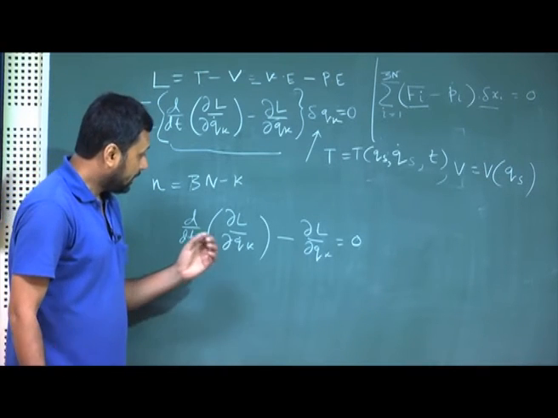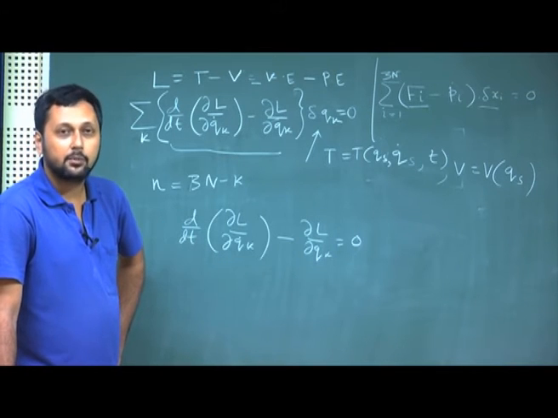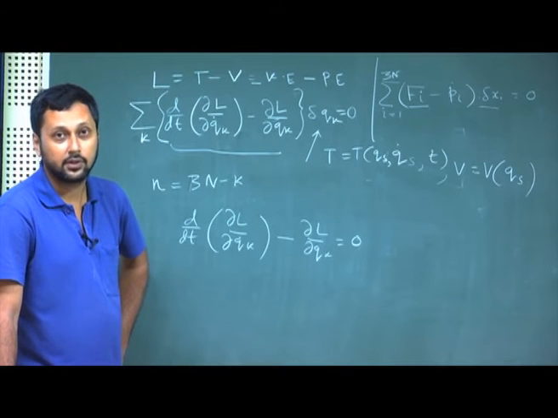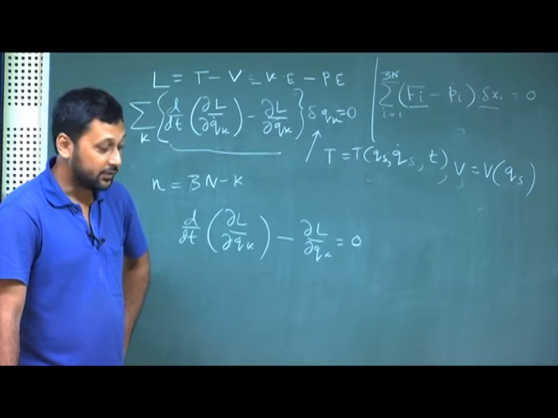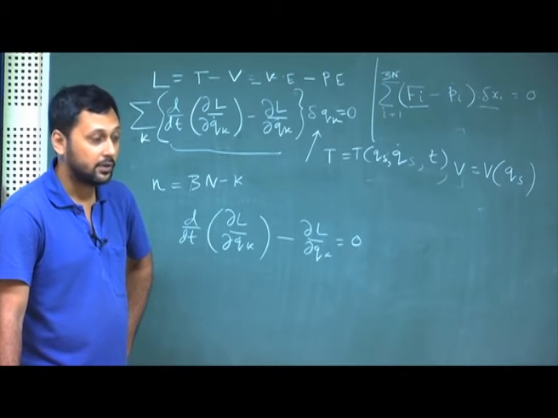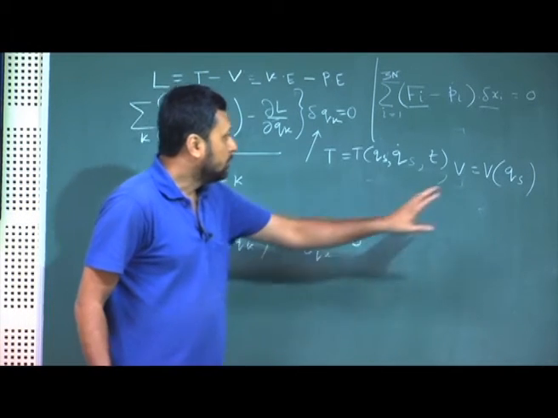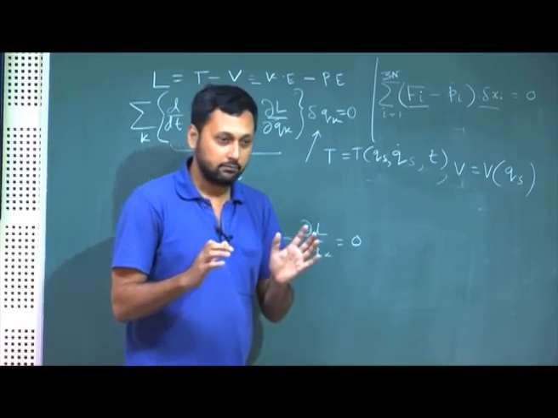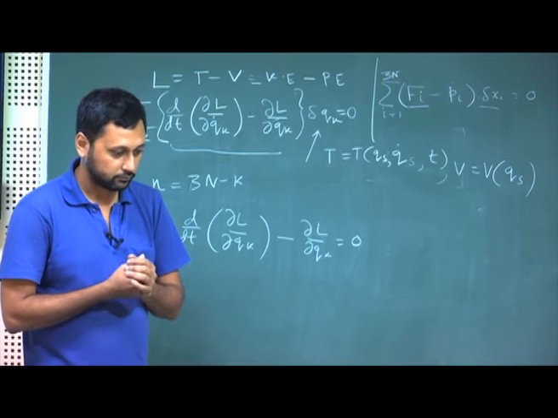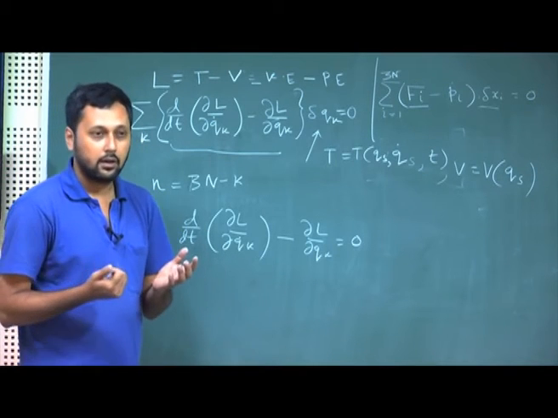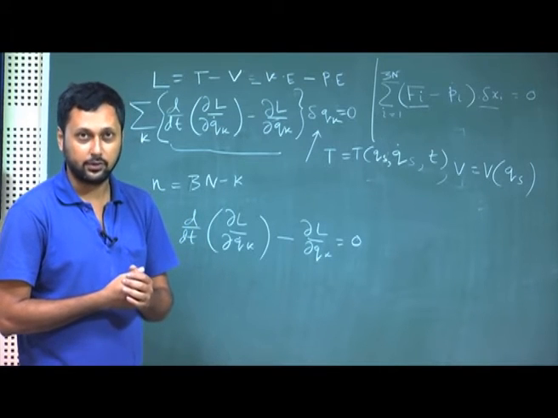But look at the advantage. Now we do not have to worry about constraints. We do not have to worry about the nature of forces. All we need to know is, if a system is moving in a particular type of potential, first of all we need to know how many independent coordinates we need, of course, which is a prerequisite of the system.